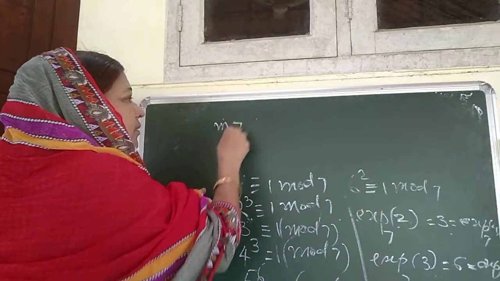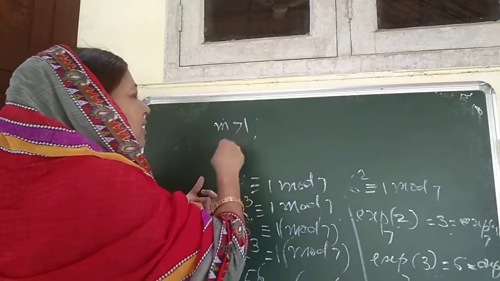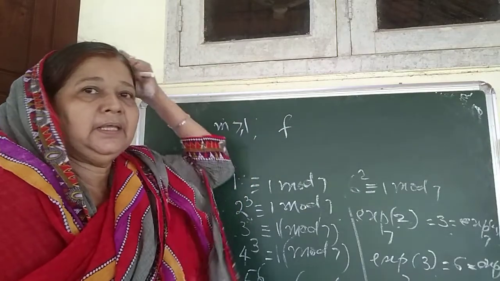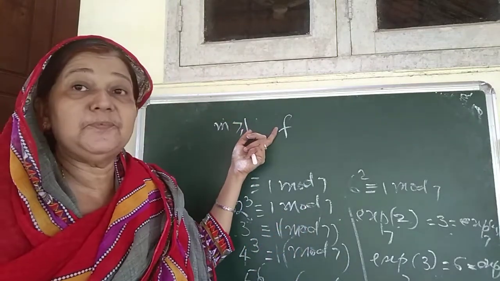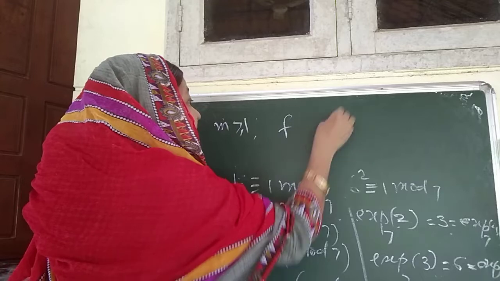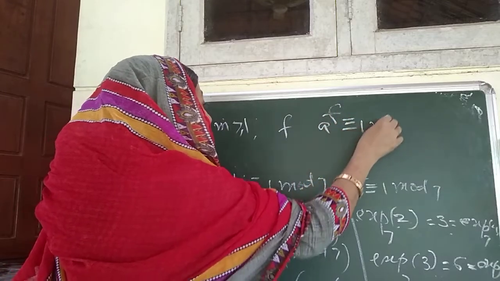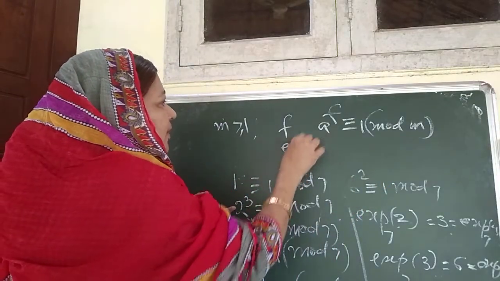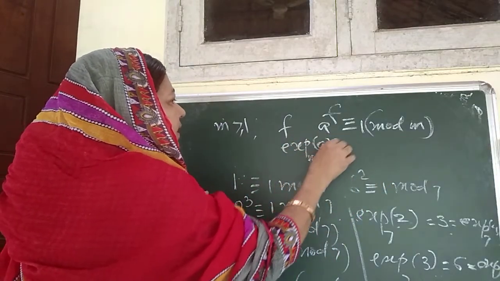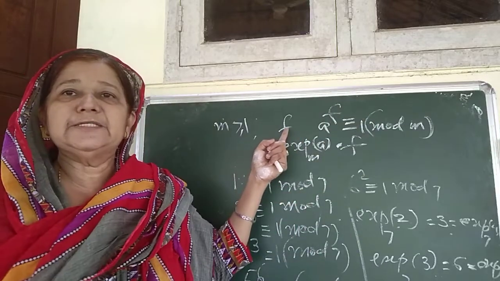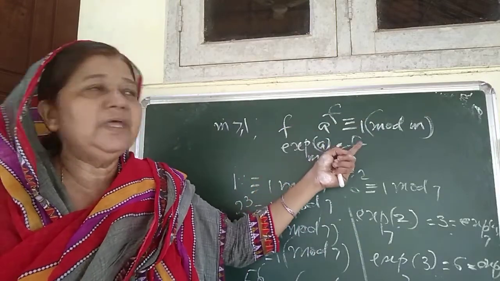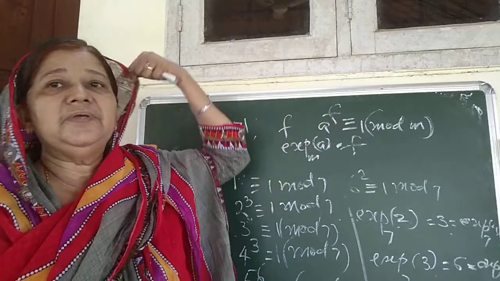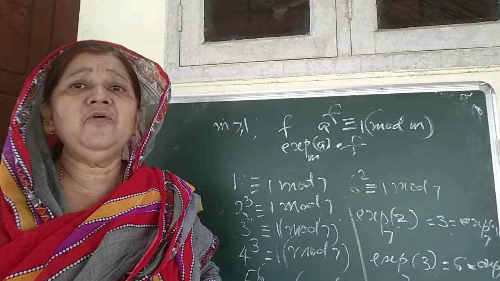If m is any odd prime greater than 1, then we can say that f is the exponent of a if f is the least positive integer such that a raised to f is congruent to 1 modulo m. Then we denote it as exponent m of a equal to f.